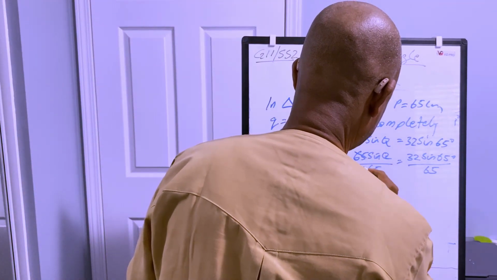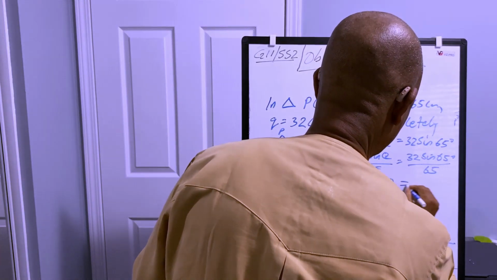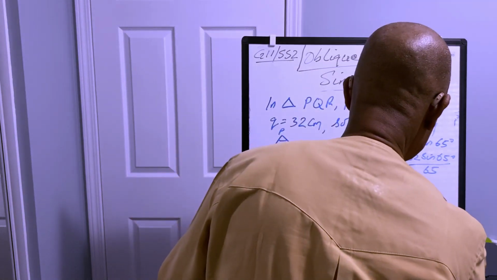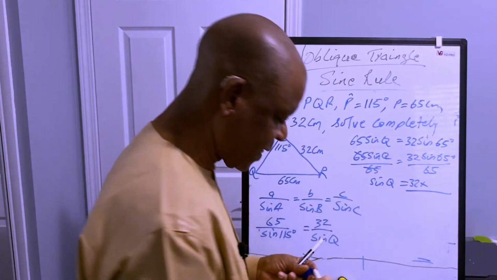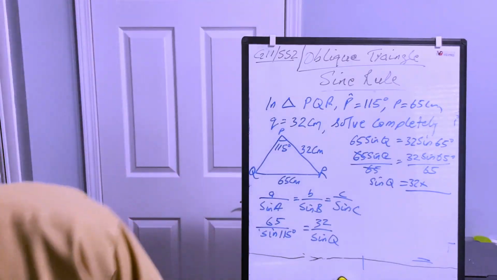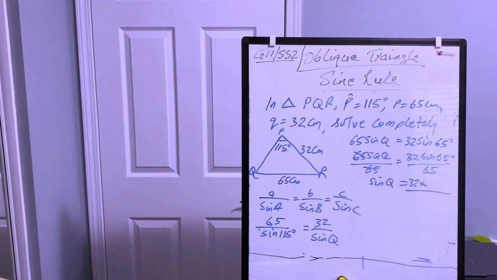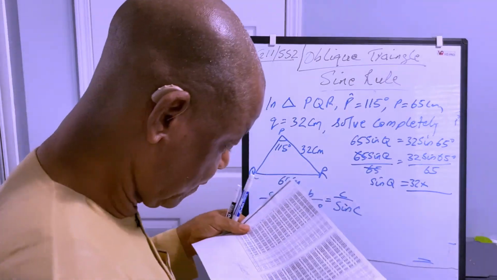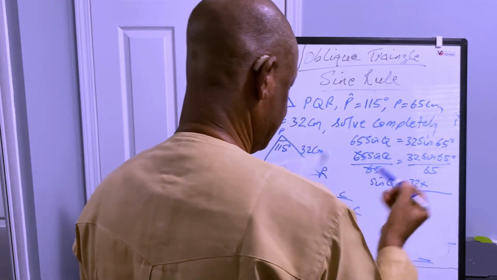So 65 cancels 65, therefore sine Q is equal to 32 times, we find the value of sine 65 from the four-figure table, and the value is 0.9063.